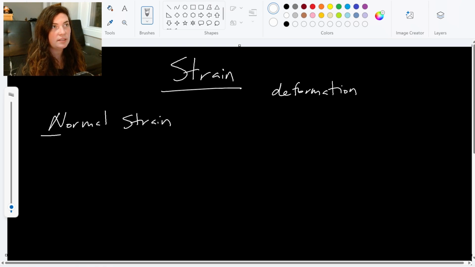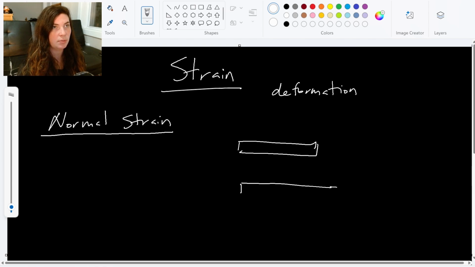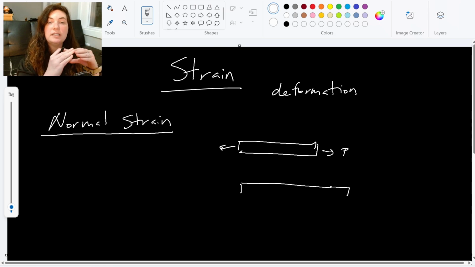And the way this deformation is represented is if we have some rod that's just sitting here and some force is applied to it, right? So there's some loading on it, some force is applied to it, it deforms, it gets longer, right? Which is kind of intuitive to us in thinking about toys we had as kids, right?